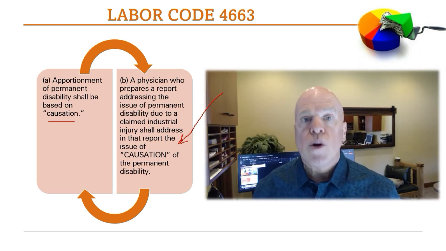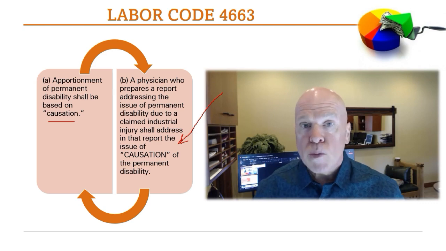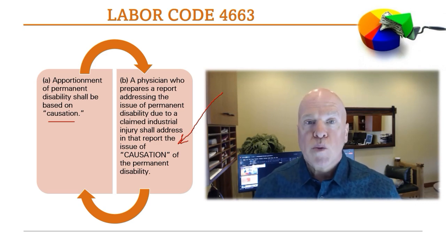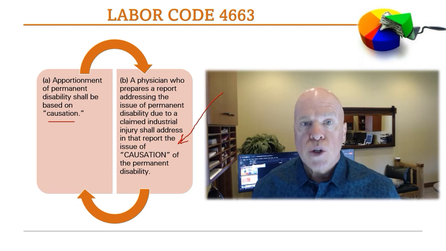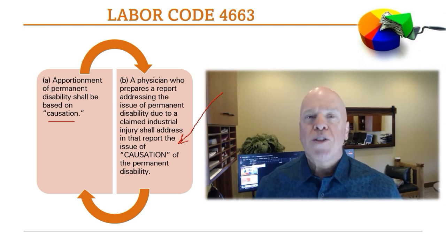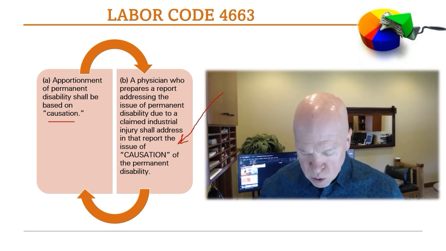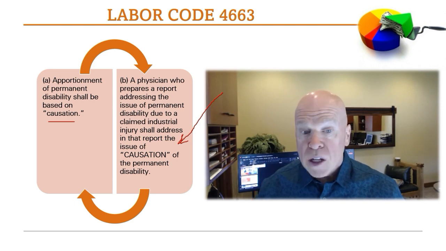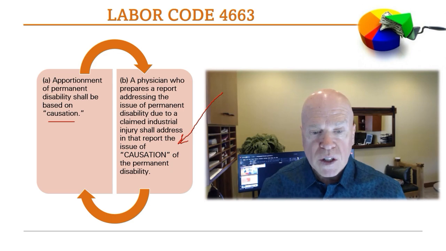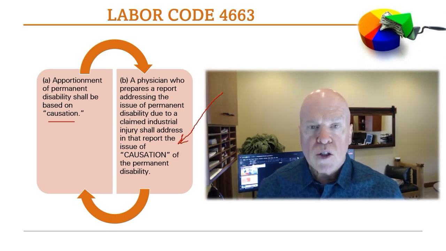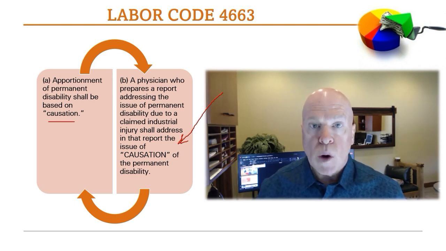And this is new and different, because it used to be that the employer was responsible in almost every single case for 100% of the disability. So now that 100% is reduced down only to the percent that's directly due to the industrial injury. Okay? So that's the first major point of 4663. Let's take a look at some of the other points as well.